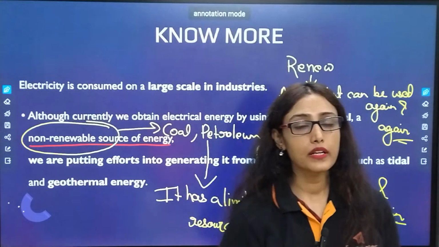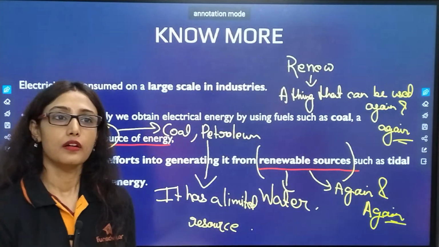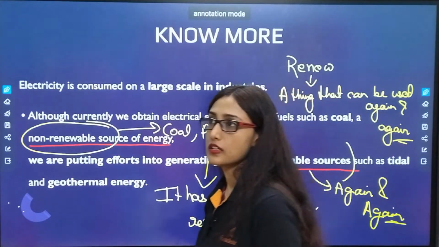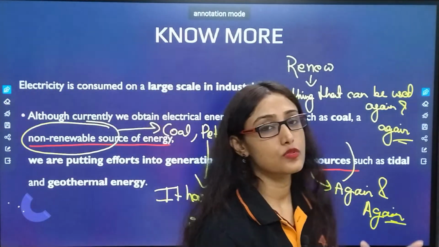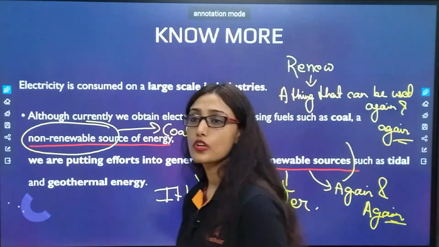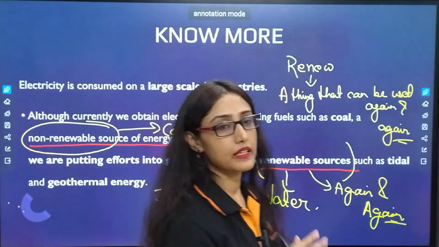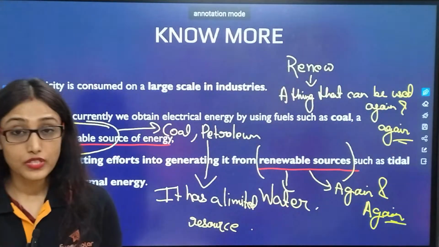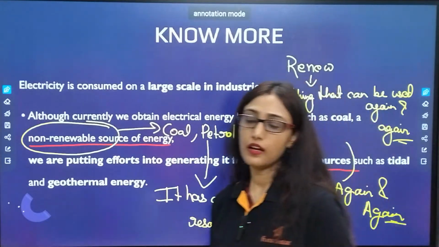But nowadays the Indian railway system has transferred to electric energy. Just imagine, previously so much coal was used to run those railways. Now coal is being used to produce electricity, and that electricity is used to run the trains.